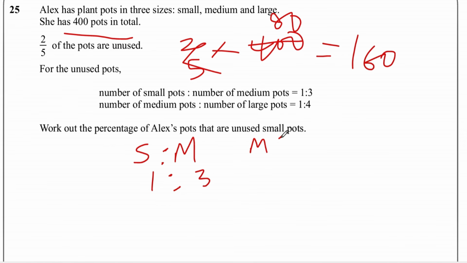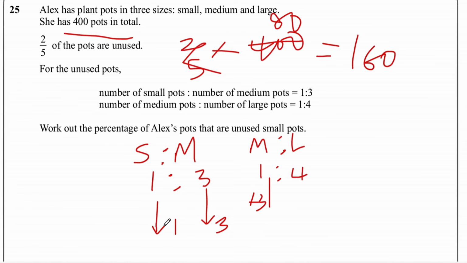So the challenge is to make medium the same. So let's put medium to large, 1 to 4. We want to make medium the same, so you have to make 3 and 1 the same. And how do you do that? On this side, you do times 3, and this side is good already, it can just be times 1, or times nothing. So it's still going to be 1 and 3 here.